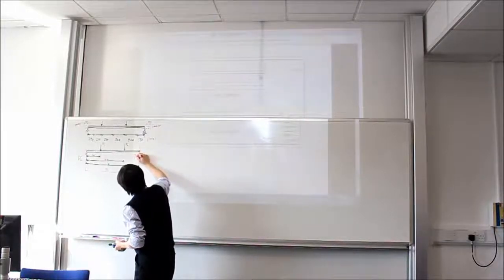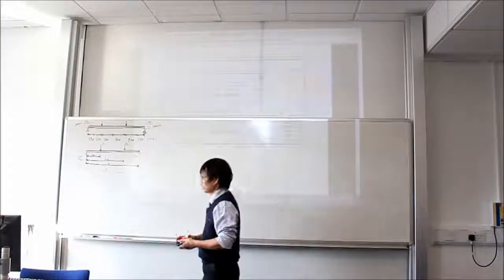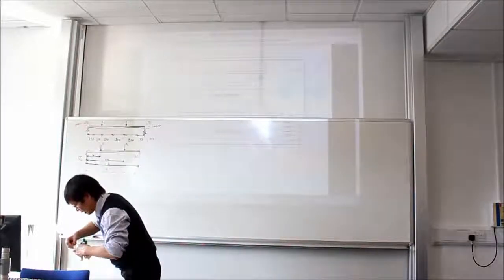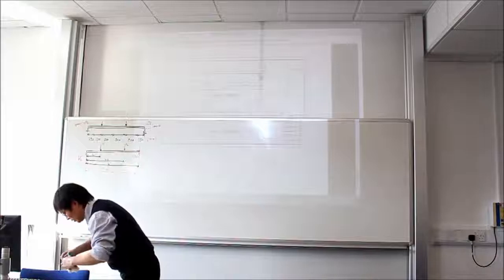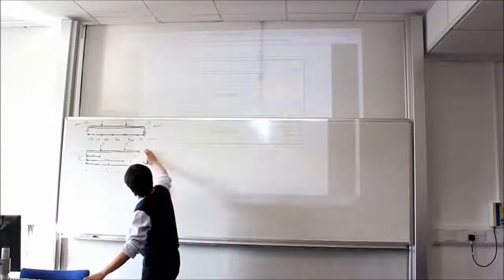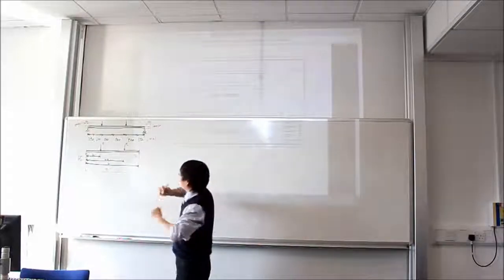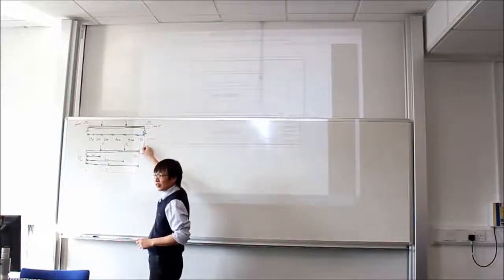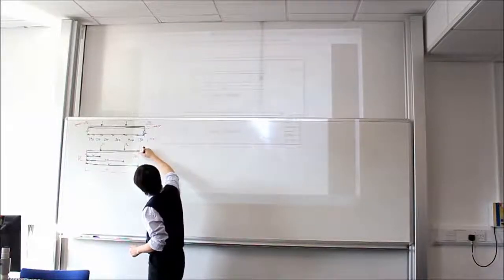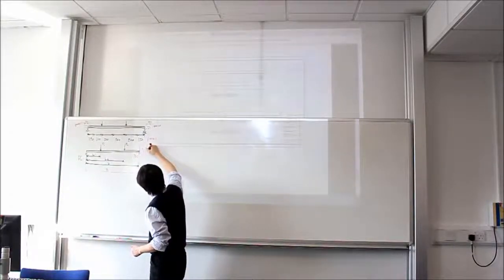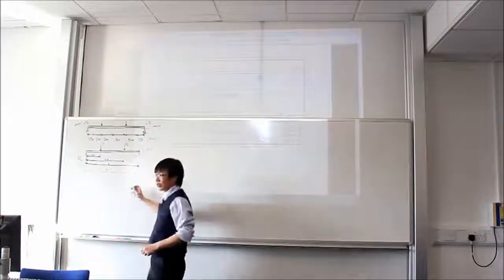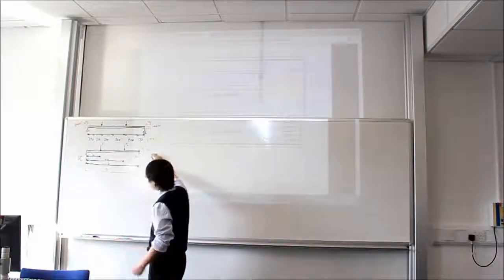I use a capital V to represent it. At this part there should also be a bending moment, because the bending moment at here is 0, but the bending moment at this location is not. That moment is also a function of x, because if x changes, the moment is going to be different as well.